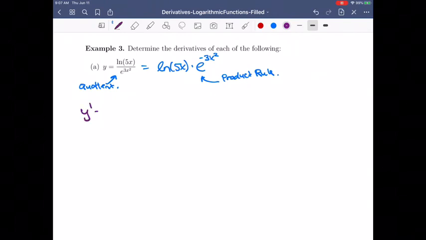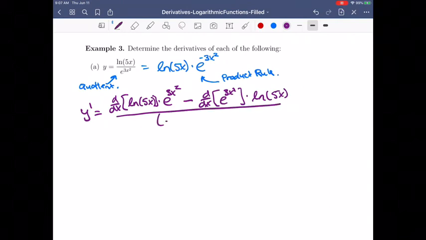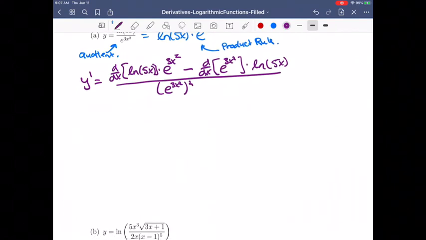So y prime is going to be the derivative of the top, times the bottom, minus the derivative of the bottom, times the top, all over the bottom squared. Now I just want to compute these derivatives.